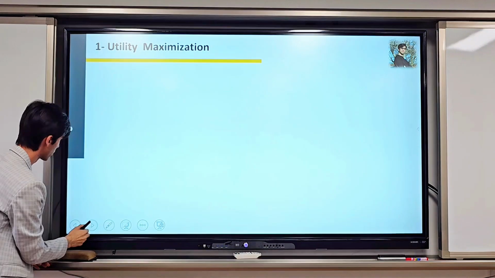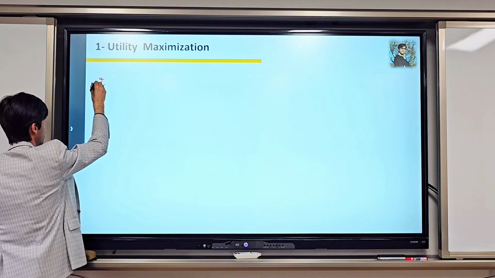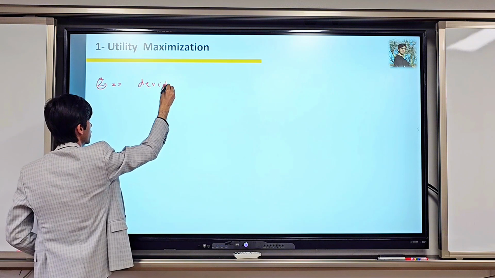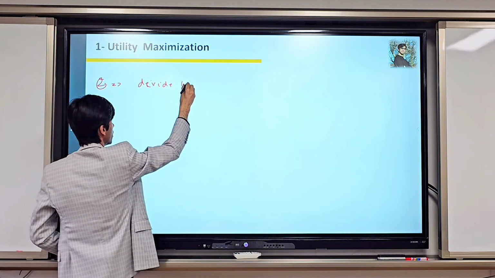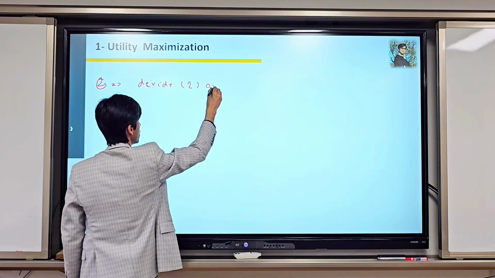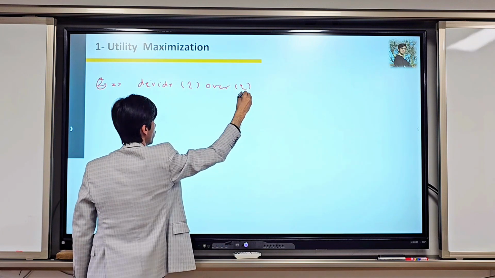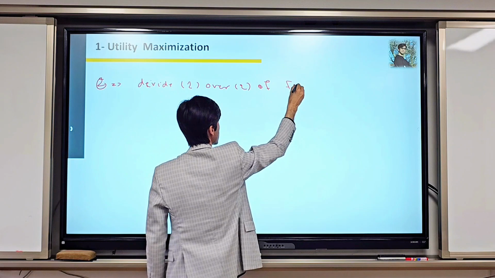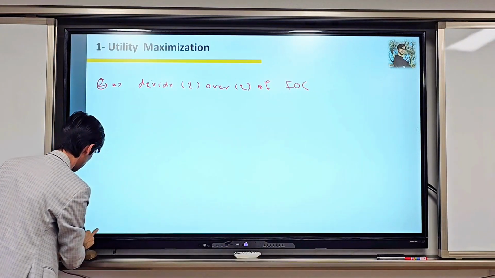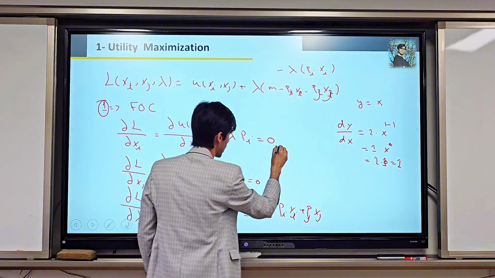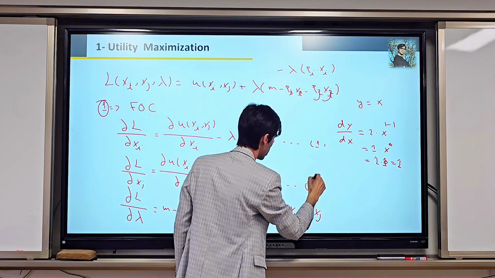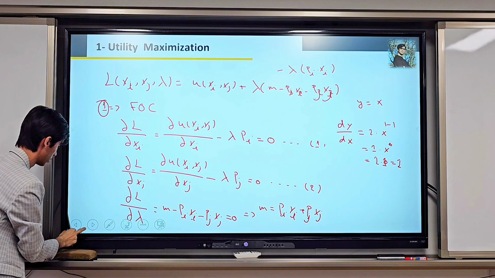Now, the second step is to divide 1 over 2 of the first order condition. If this one is 1 and this one is 2, divide 1 over 2.